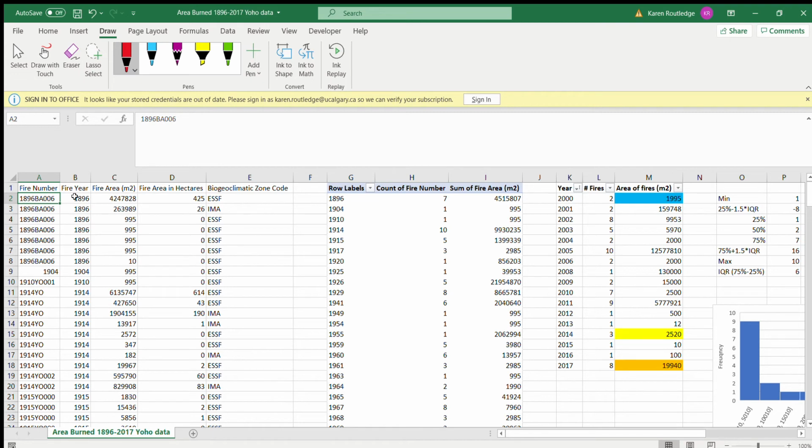Fire year, as the name indicates, year is part of this, and year is one of our classical variables for interval level data. So fire year is indeed interval level data.